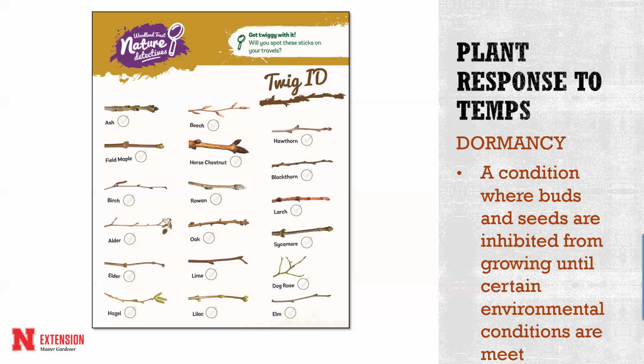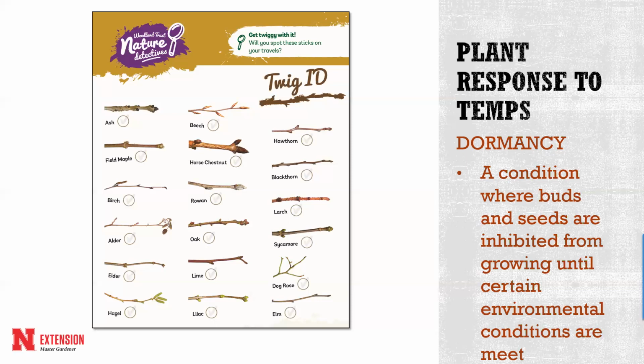So one of the things that plants also need to break this bud dormancy is what they call chilling hours. A lot of plants have to be in a cold environment for so long before they can break that bud dormancy.